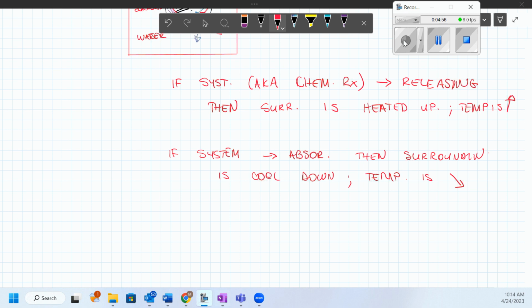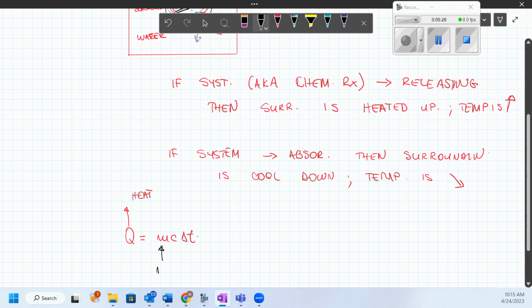Now, the way that we measure the heat change that the surrounding is going through is using the formula Q = mcΔT, where Q is the heat that is either absorbed or released in the surrounding.